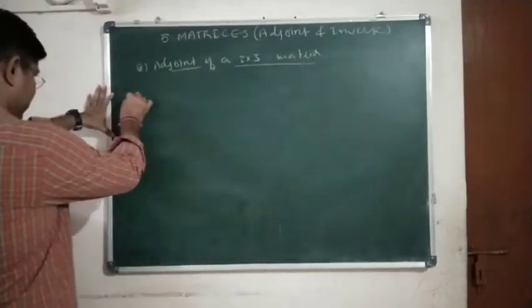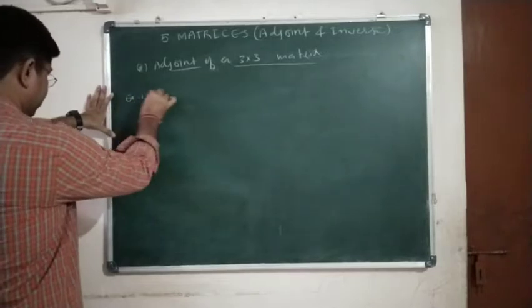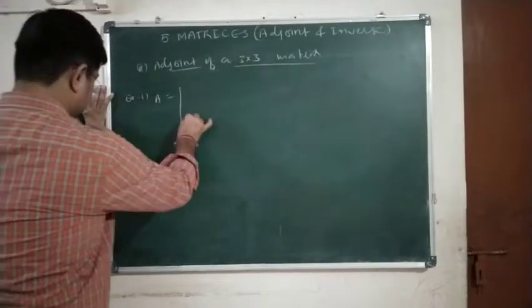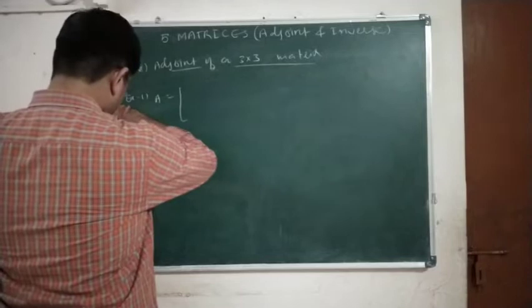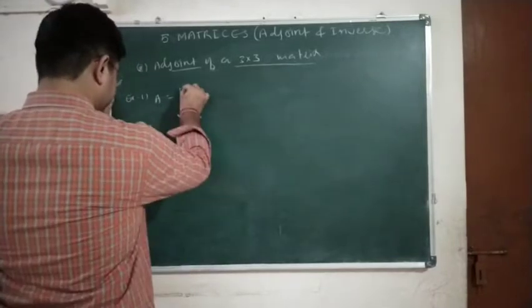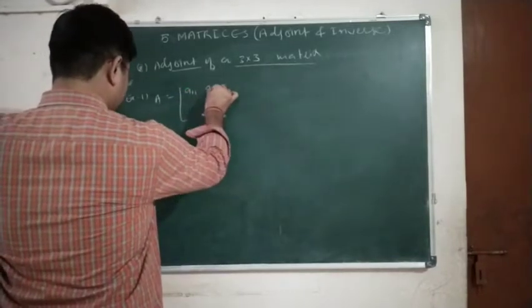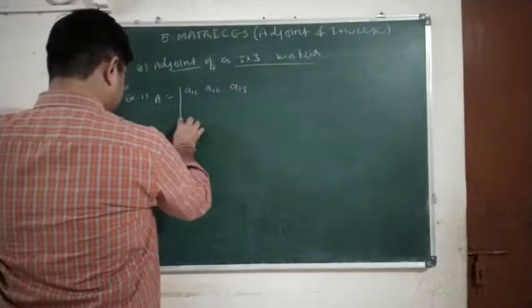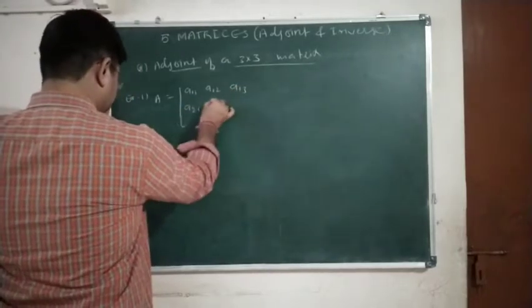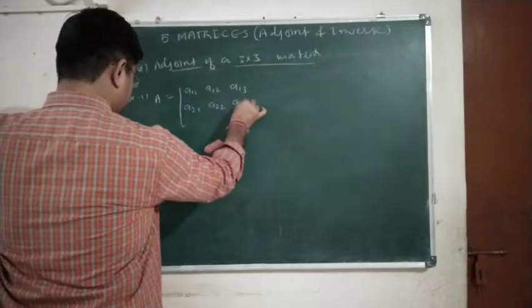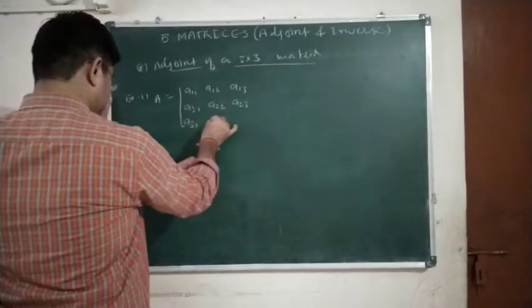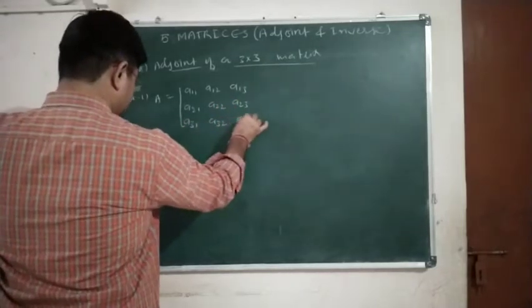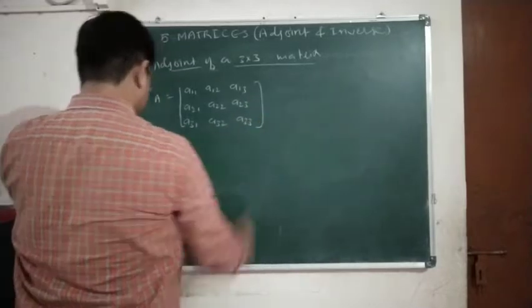Let us consider matrix A containing elements a11, a12, a13, a21, a22, a23, a31, a32, a33.